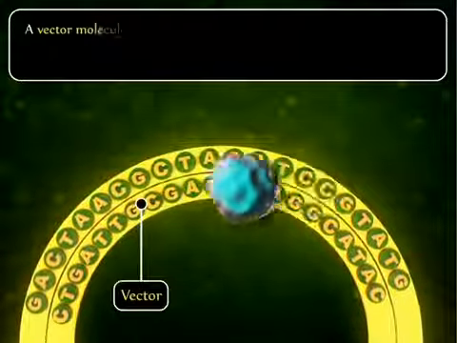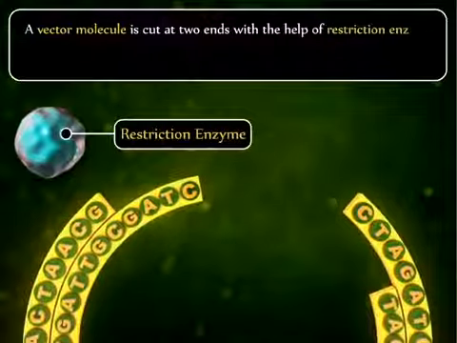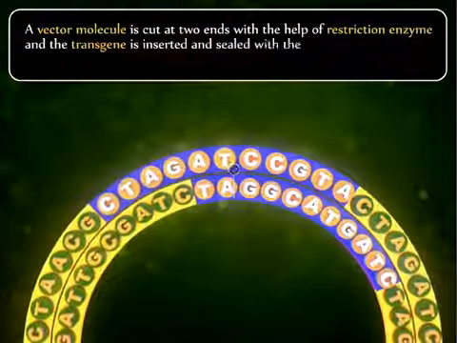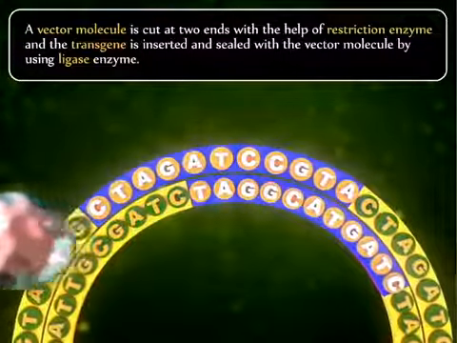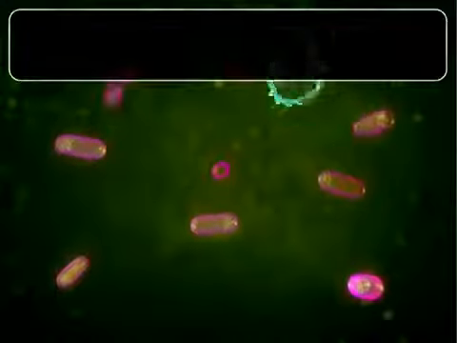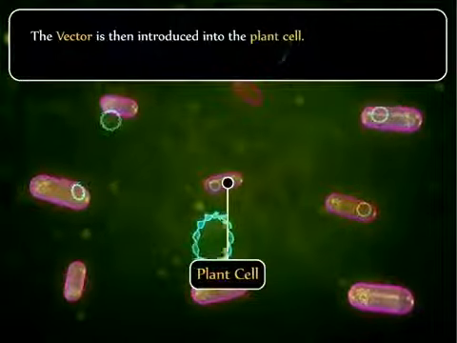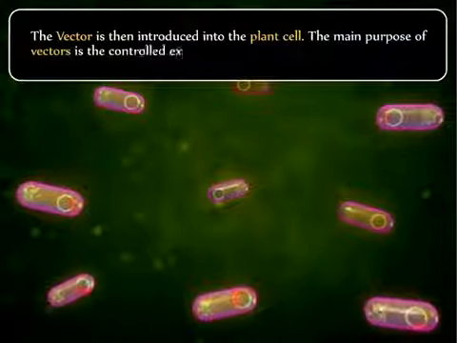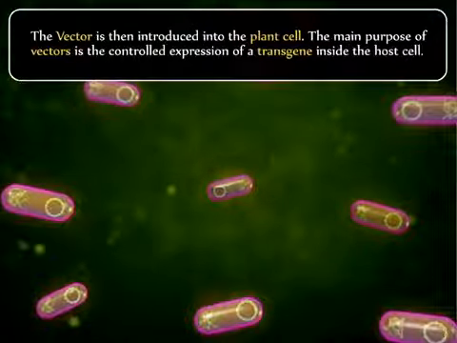A vector molecule is cut at two ends with the help of a restriction enzyme, and the transgene is inserted and sealed with the vector molecule by using ligase enzyme. The vector is then introduced into the plant cell. The main purpose of vectors is the controlled expression of a transgene inside the host cell.